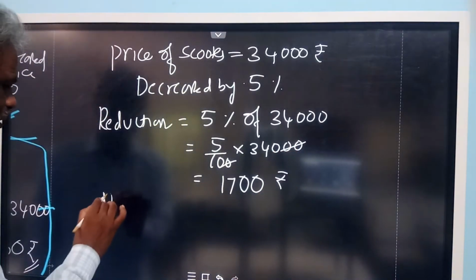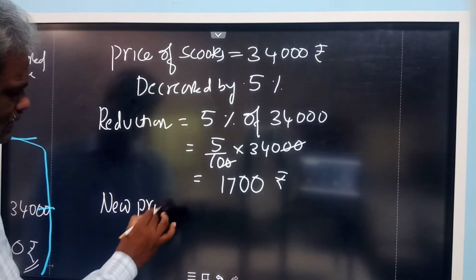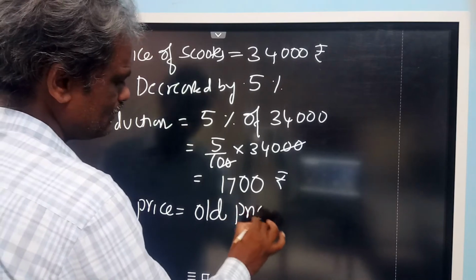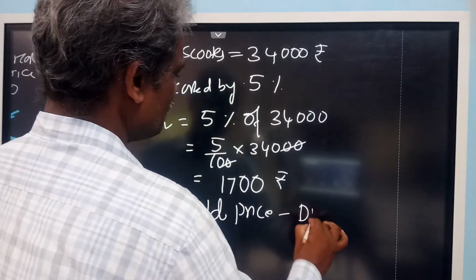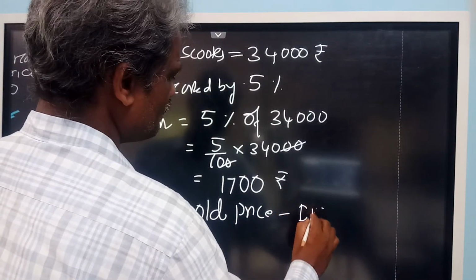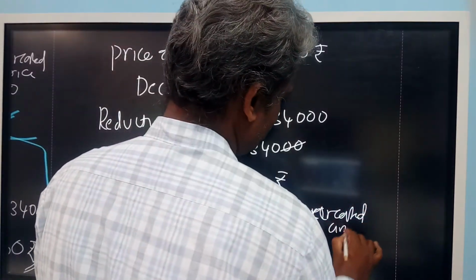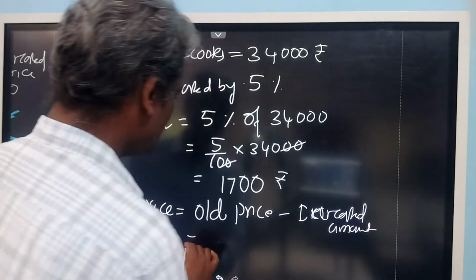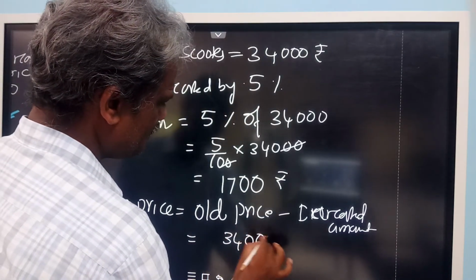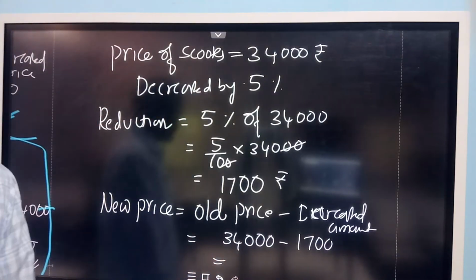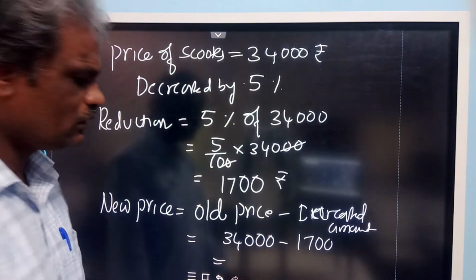Now the new price is equal to old price minus discount or decreased amount. Old price was 34,000 minus 1,700. After subtraction you will get 32,300.